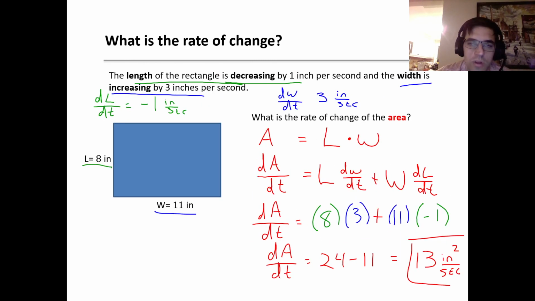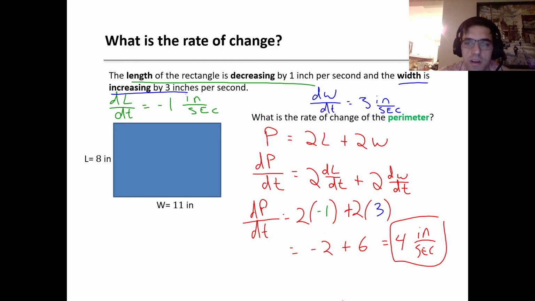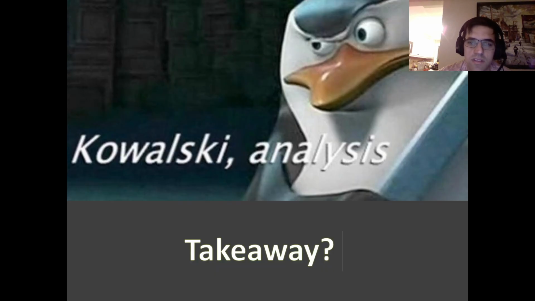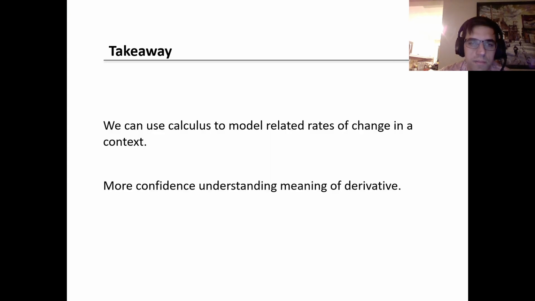So we do have a domain restriction given to us by the context. But it doesn't really affect us on Delta Math, so I don't think we care too much. What we do care about is that we can use these derivative concepts to model related rates of change in a context, which helps round out our understanding of derivatives in general.